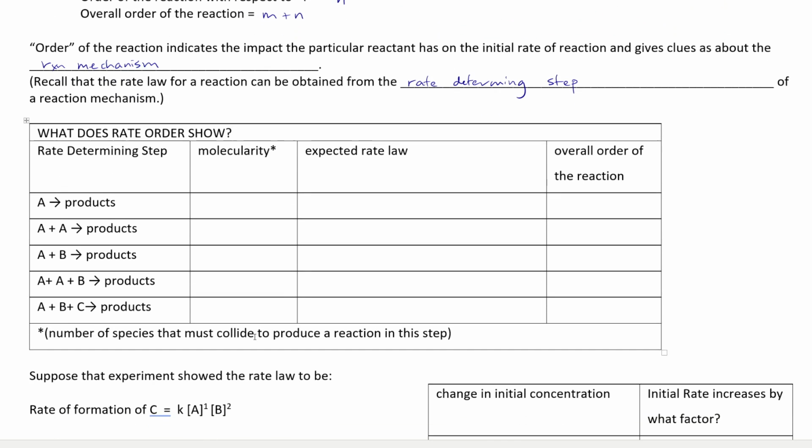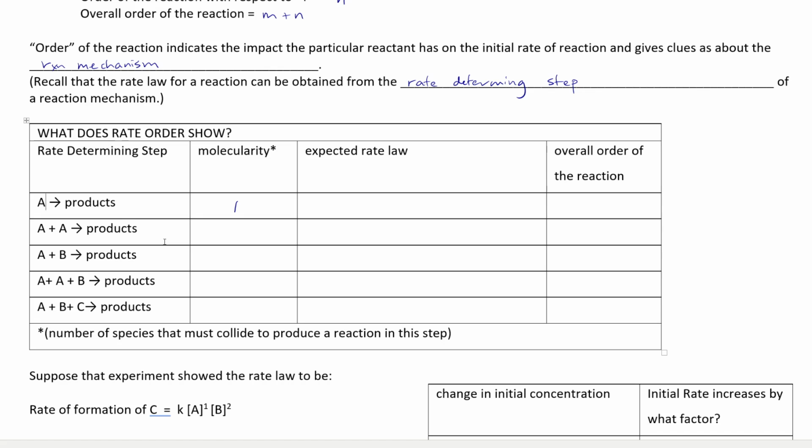If the rate determining step is simply species A colliding with the wall of a container and then decomposing into products, then the molecularity is 1, where molecularity refers to the number of species that must collide to produce a reaction in this step. In this case, all A has to do is undergo some sort of physical collision with a wall of the container, and then it will break up into products. Alternatively, it can collide with another species, right?